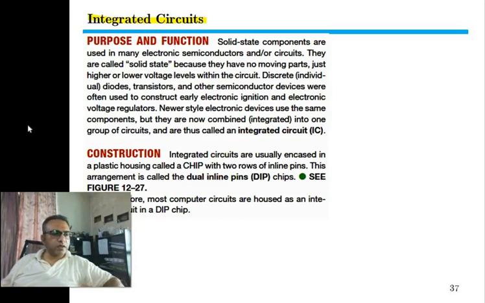Now one alternative is to use integrated circuits. Integrated circuits are ICs. In short, they are called IC, integrated circuit. They are electronic chips in which the manufacturer has already built in various numbers of components, and they will all be integrated. That is, they'll all be joined together.